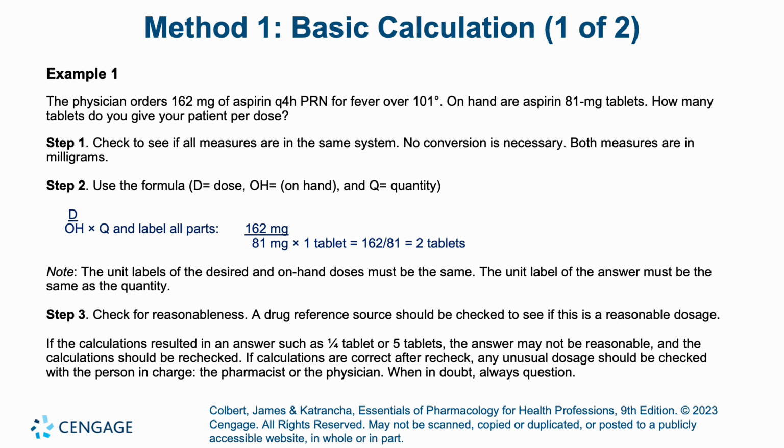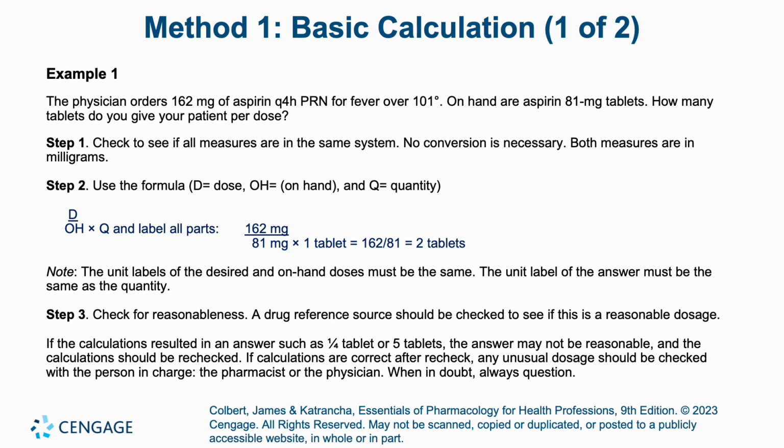Method 1, basic calculation. I highly recommend that you pull this slide up and look at it. It's slide 13 so that you can follow along with the math. Example 1, the physician orders 162 milligrams of aspirin Q4 hours PRN for fever over 101. So right here I want to stop. Let's talk about what this order means. The physician wants you to give 162 milligrams every 4 hours.